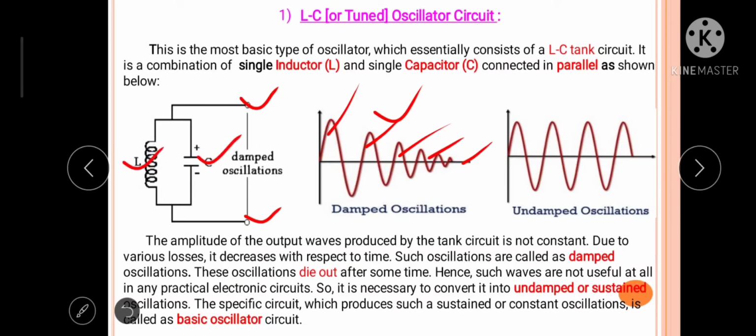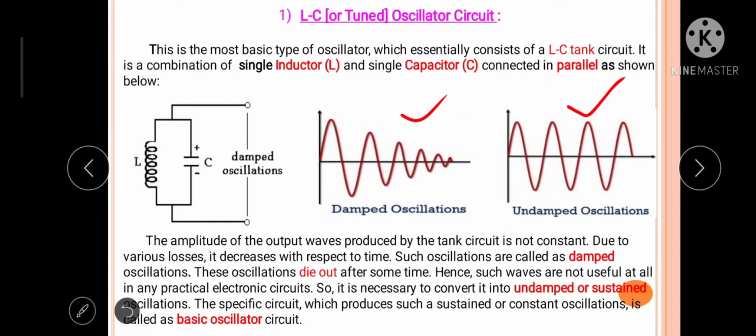So after every cycle those losses take place and the stored energy decreases with time. So finally across this tank circuit we get such damped oscillations, and actually we don't want such damped oscillations. Instead we want undamped oscillations. Undamped in the sense its amplitude as well as frequency remains constant for a long time.